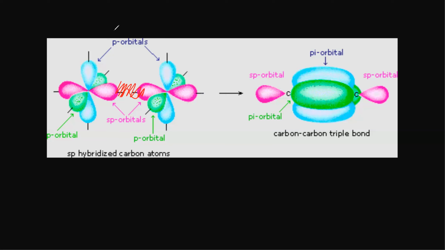And then from the top, these two p orbitals would start to overlap. This orbital is parallel to this orbital, so that's your pi bond that would be formed. And then the green ones would also start to overlap. The green ones are on the z-axis; they're also parallel to each other, so they're going to overlap in front and behind the atom. So there are going to be two pi bonds, one overlapping above and below, the other one overlapping in front and behind.